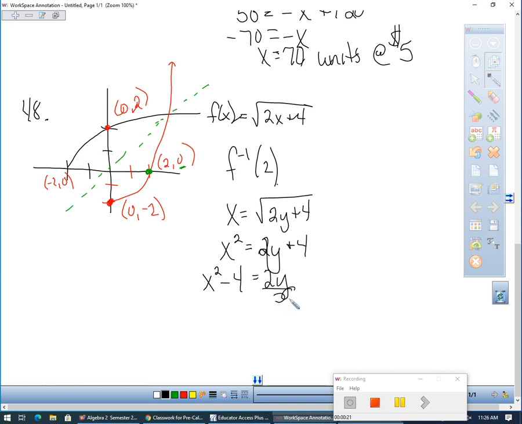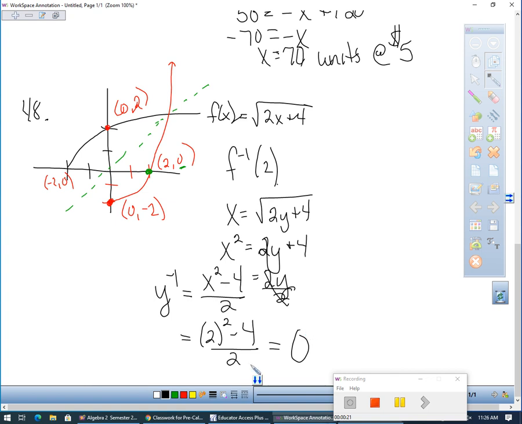And then if we divide by 2, this is our inverse equation. So now, if I want to know what it is when x is 2, I'm going to plug 2 in for x. And I have 2 squared minus 4 over 2 equals 0. So no matter which way you do it, graphing or algebraically, you still get 0.